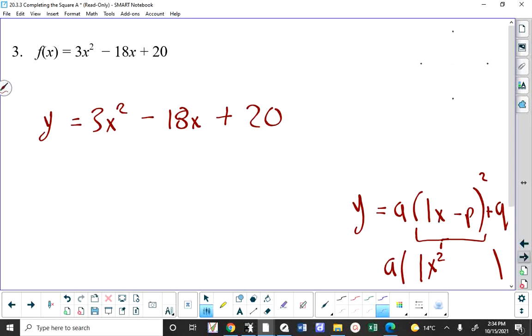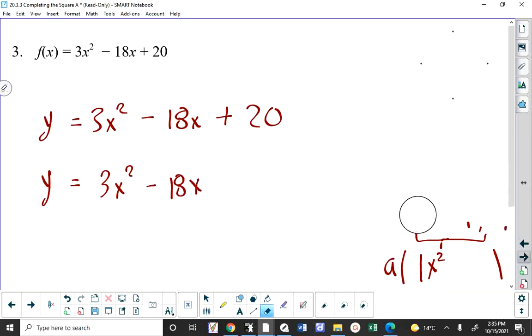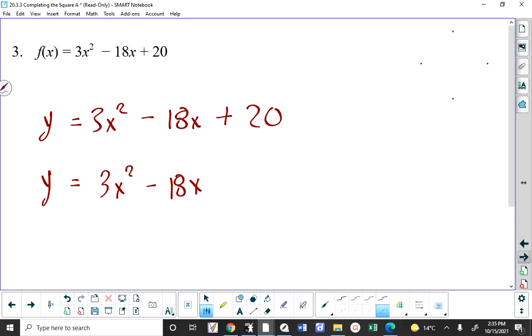But what you can do, we're still going to bump that 20 out of the way. We don't want it to interfere with what's going on. So we're going to have plus 20. And now we're going to look at these two terms and factor a 3 out. Because if I factor 3 out of x squared, it becomes 1x squared. And this is the only type of trinomial we know how to turn into a perfect square, the one that has 1 in front of the x squared.